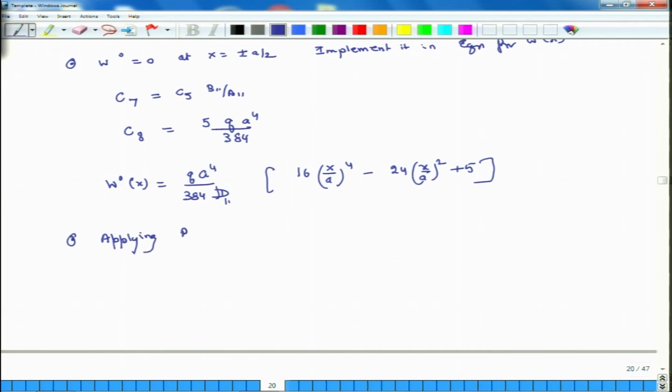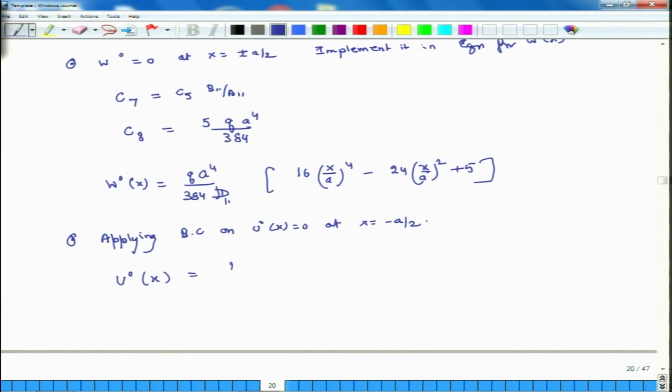Applying the BC on u naught, x is equal to 0 at x is equal to minus a over 2, what do we get? Ultimately, this is the equation we get if we do the math carefully.